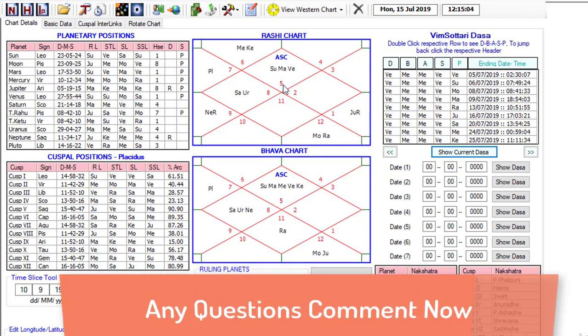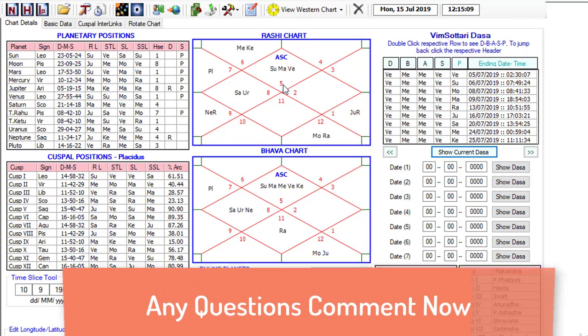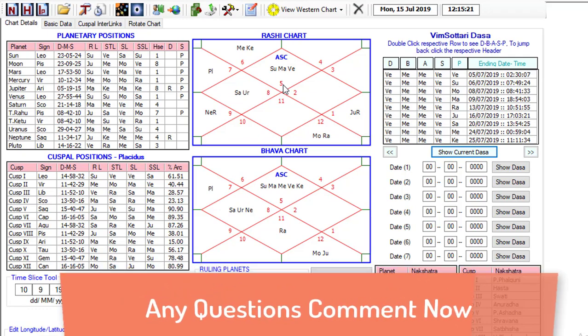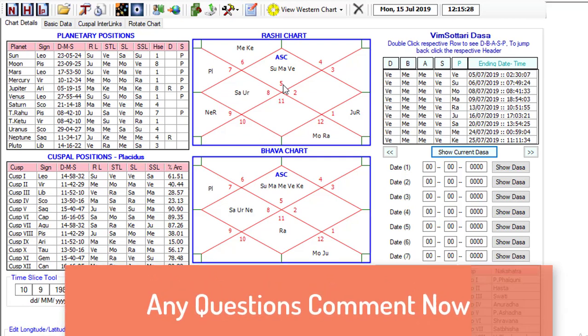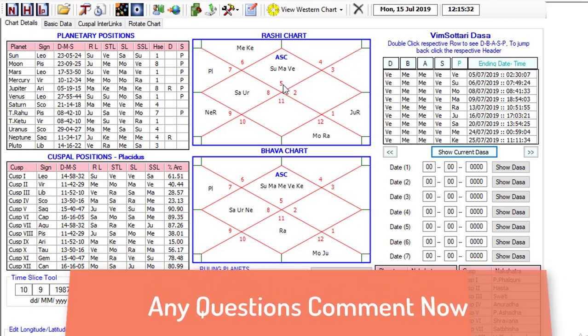The Leo sign contains 3 nakshatras or 3 stars. We will discuss more about this, but I just want to make you understand a few things. Leo is a fiery sign, and it has 3 nakshatras which are owned by 3 planets.